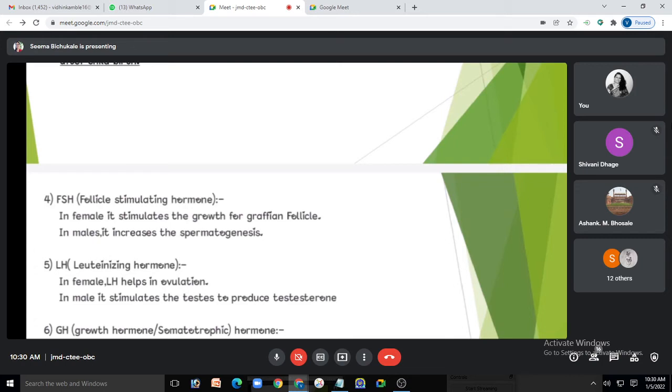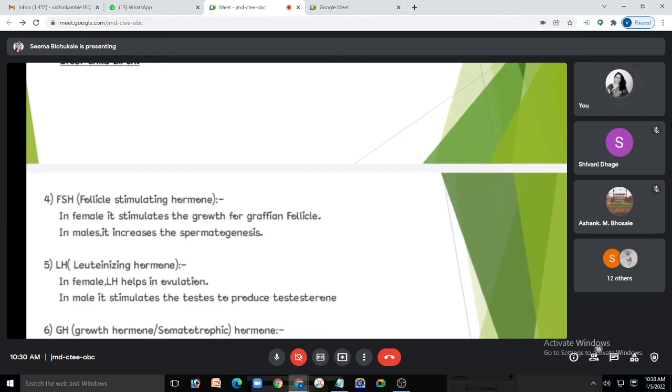FSH and LH are also known as gonadotropin hormones. LH in female causes ovulation, that means the Graafian follicle ruptures and releases the ovum. Mainly it produces progesterone hormone, which helps maintain the pregnancy. And in male, luteinizing hormone produces testosterone to control the secondary sex characters.